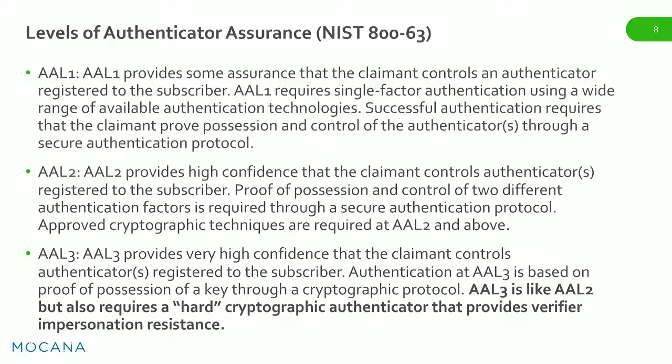We also have the concept of specialized keys, which we'll get into in a minute, for certain elements of transaction like transport, storage, platform, attestation or signing keys, et cetera. All of these key sets, all of these PKI and certificate functions come together as a function of authentication assurance under NIST 800-63.